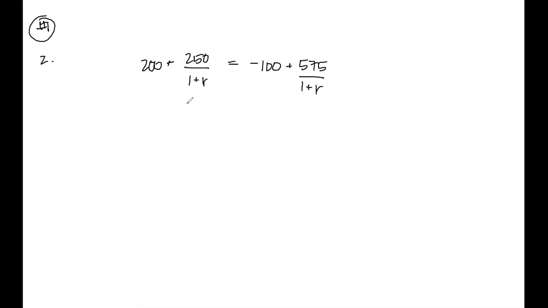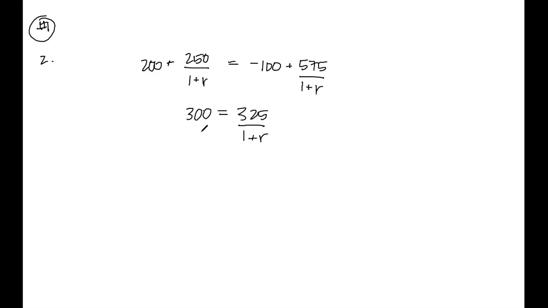So then adding 100 both sides, we get 300 equals, then subtracting the 250 over 1 plus R from both sides. Since these 2 are the same denominator, we can just subtract the numerators. So we get 325 over 1 plus R.